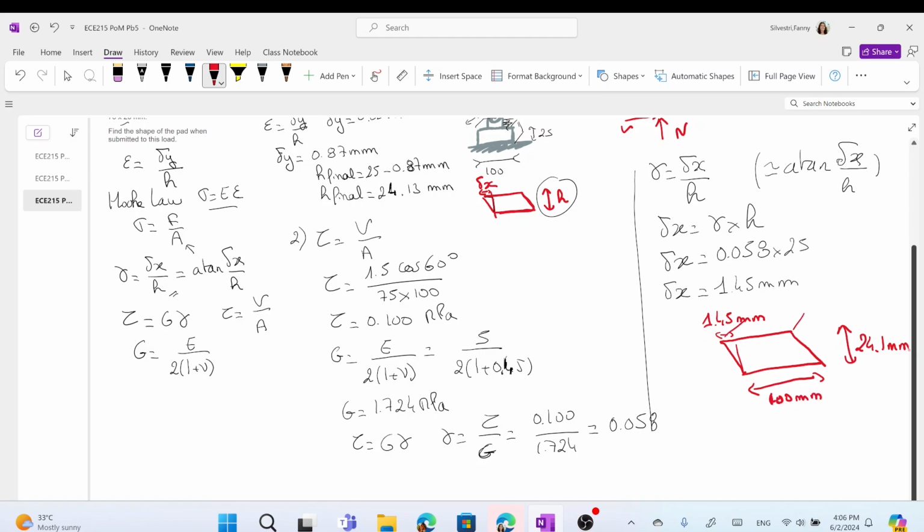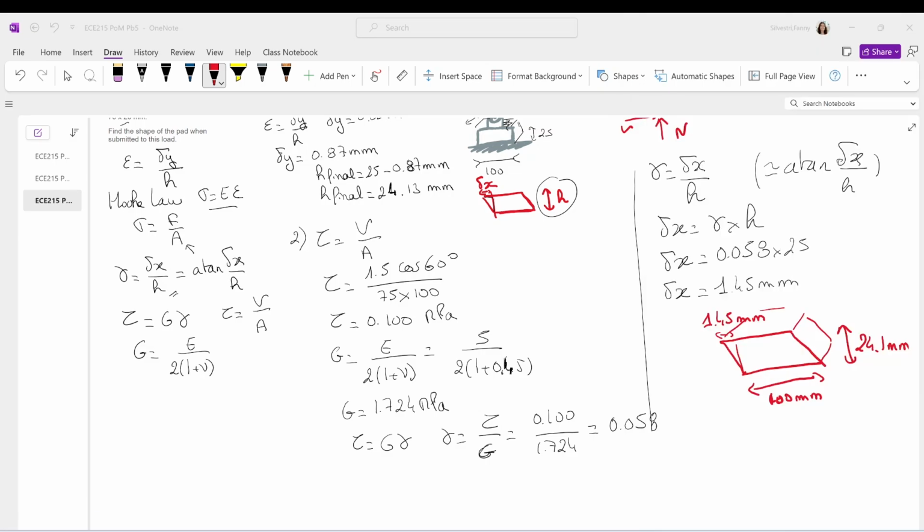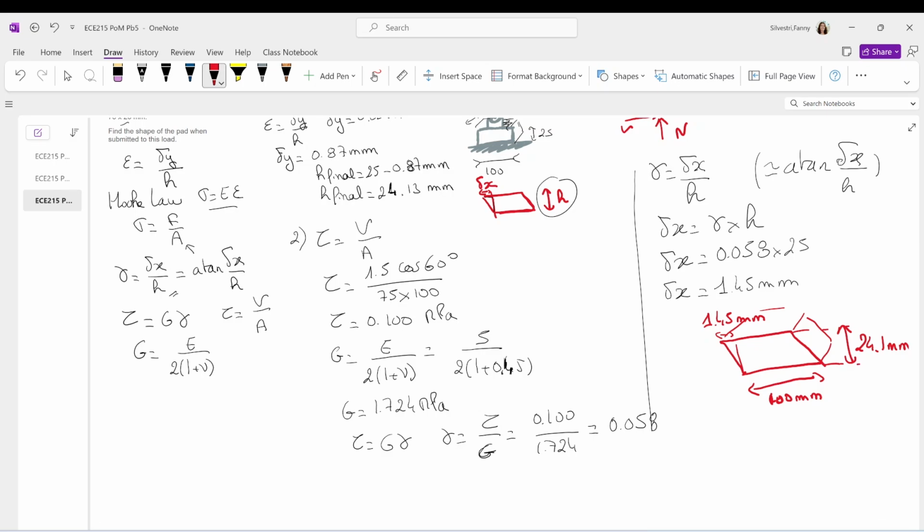And in the other directions the pad will not change because we don't apply forces in the other direction. Actually, it probably will be larger because of the normal force, but that's not what we are trying to find. So this is the new dimension of the pad.